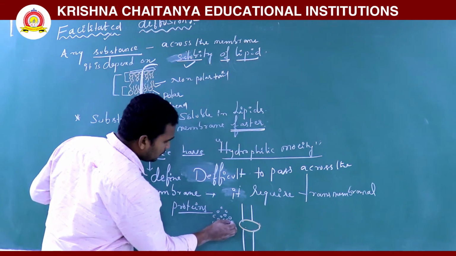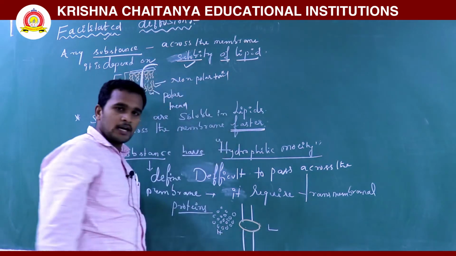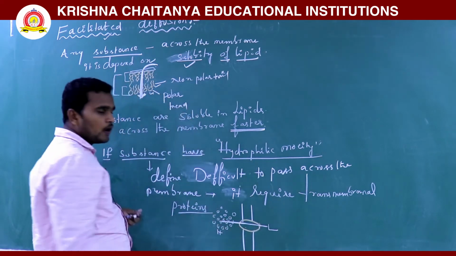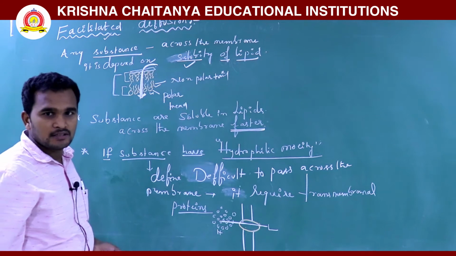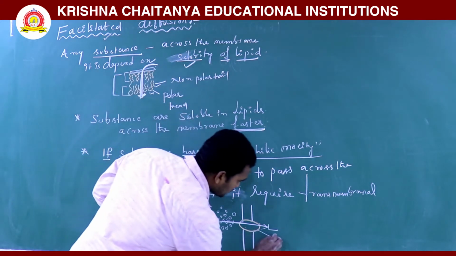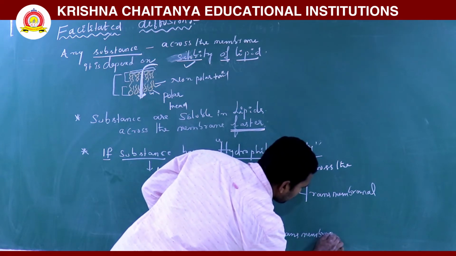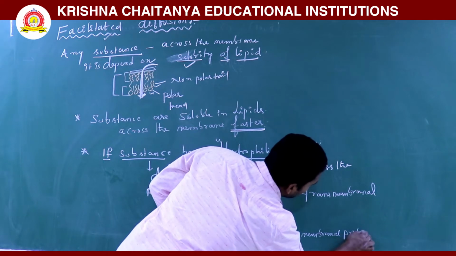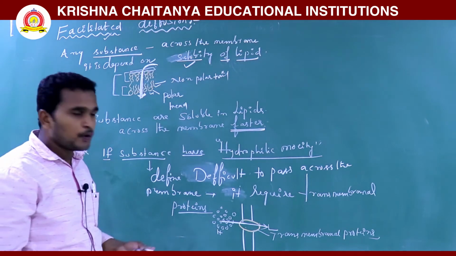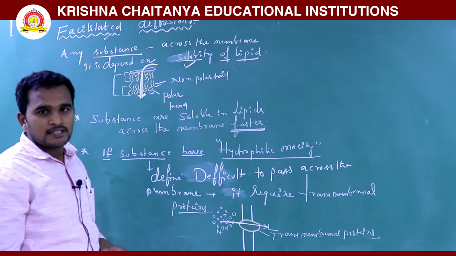They move from high concentration to low concentration through some specialized proteins, and these proteins are called transmembrane proteins. They also help the transportation from high concentration to low concentration.